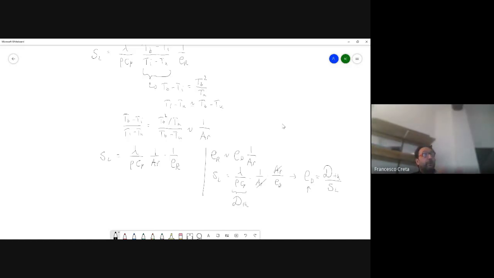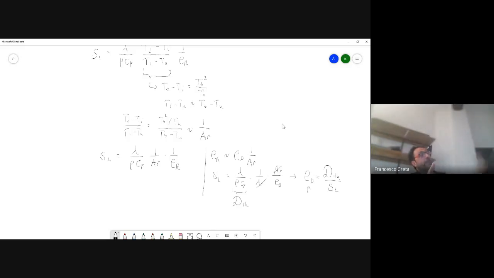The higher the thermal diffusivity, the longer the preheat zone will be, because it will be heated up more effectively. But clearly it will be reduced if SL is higher, because it would be squished.